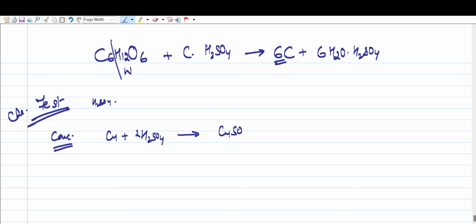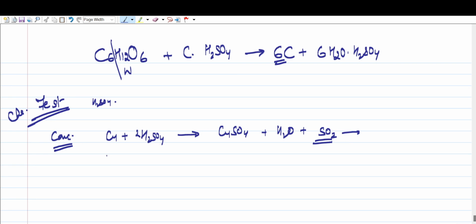You will get copper sulfate, sulfur dioxide and water vapor form. This sulfur dioxide has got a burning sulfur like smell and it is going to turn potassium dichromate vapor orange to green. Okay, this is one test.